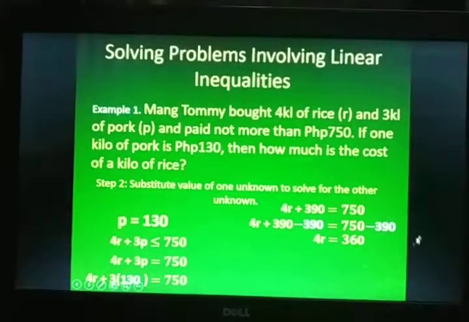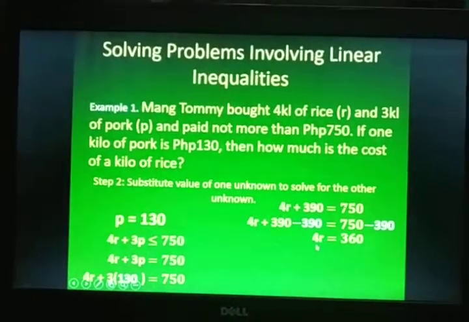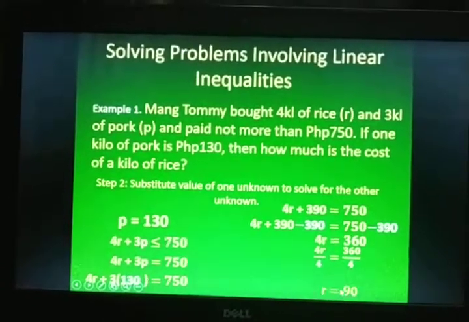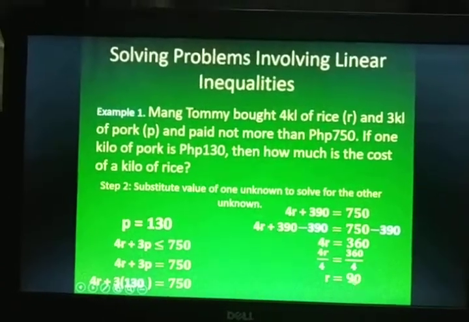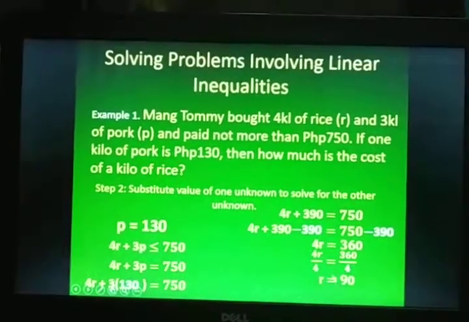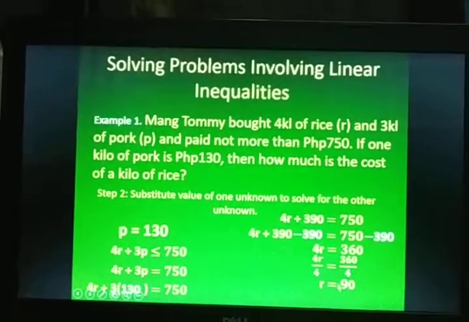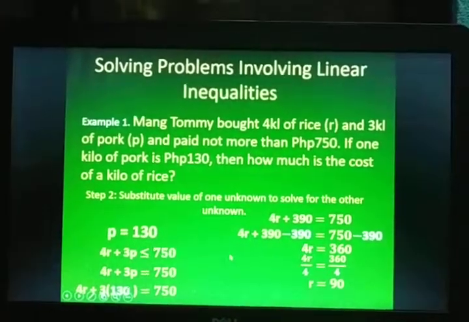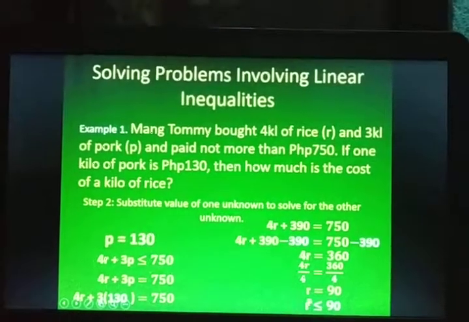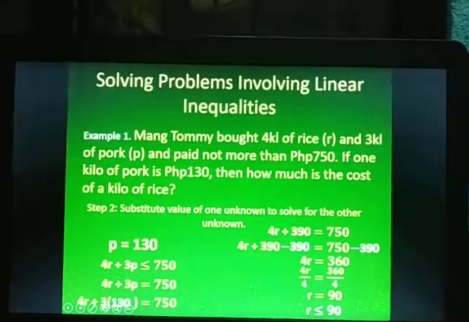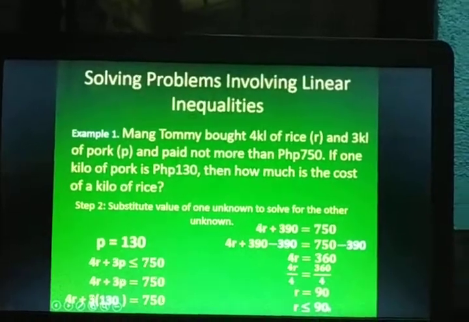Then, to solve for R, let us divide both sides by 4. What will remain is our rice is 90. But don't forget to change from the equal sign back to the original linear inequality, less than or equal to, which means that our rice costs less than or equal to 90. The highest possible price of our rice is 90.